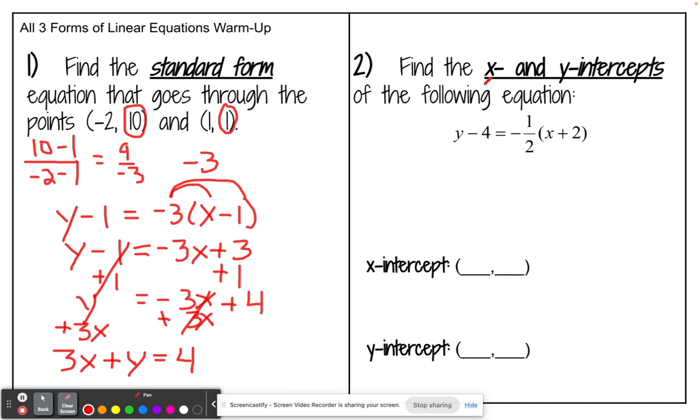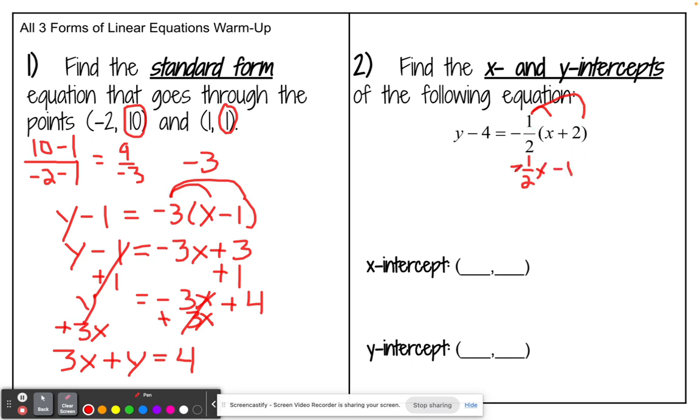Okay, my second one, find the x and y intercepts. Well, if I'm finding intercepts, I want to have it again in standard form. Feed the birds. -1/2 times x is -1/2 x. Negative times positive is a negative. Half of 2 is 1.